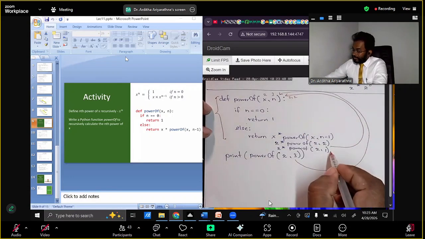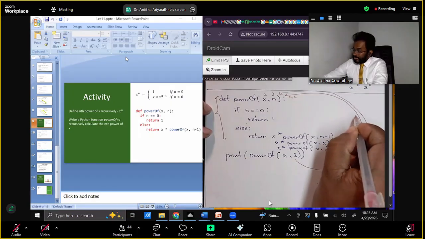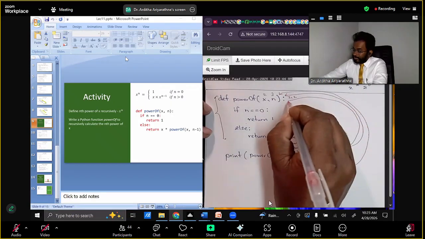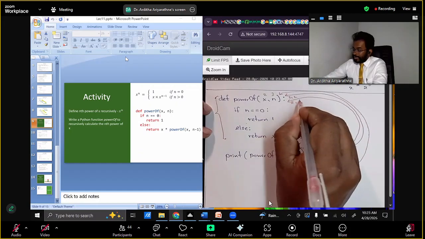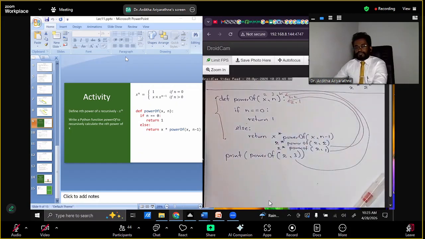Then again we are calling the same function with different parameters, 2 and 1. Just a second, students. 2 and 1.